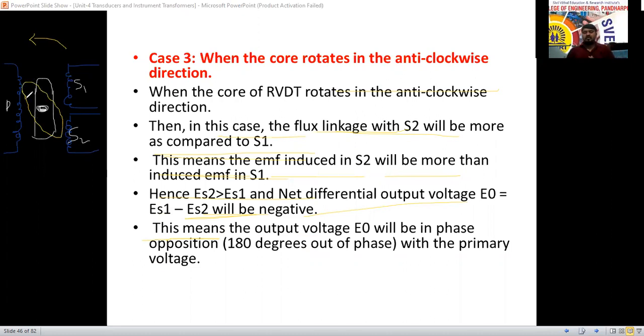You can tell me which coil is connecting more, which has more flux linkages, and which coil is producing more voltage here, inducing more EMF. You people only tell me.